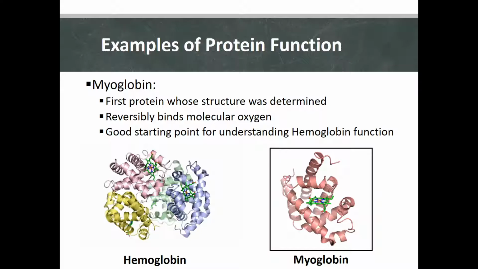It has been very well characterized, and hemoglobin is probably the next best characterized protein, where hemoglobin is simply a tetramer of myoglobin-like polypeptides. So myoglobin is the monomer, and if you take four polypeptides that look a lot like myoglobin, they are not exactly the same, but look a lot like myoglobin, and put them together, you have hemoglobin.